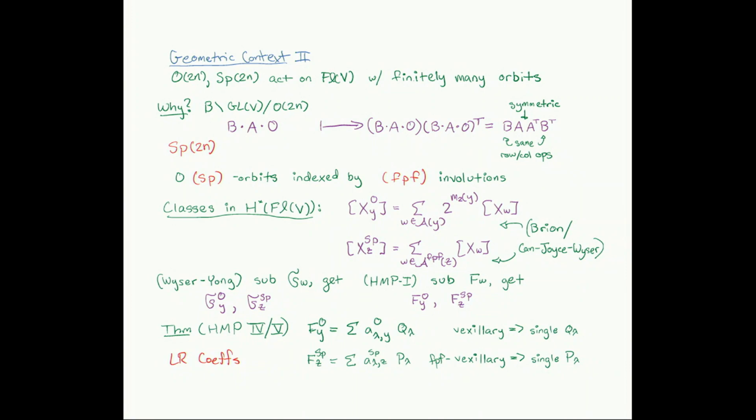And the way that they do is, for the O_n orbits, it's a sum over permutations of 2 to the number of 2-cycles in your permutation times some Schubert class. And likewise, for the symplectic case, there are no multiplicities. It's just an ordinary sum of Schubert classes, a multiplicity-free sum.